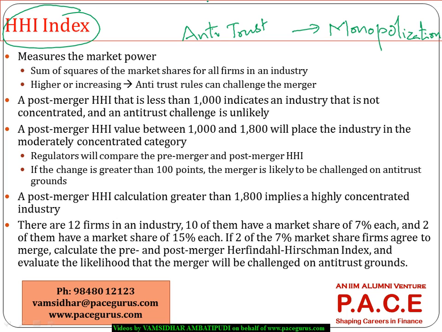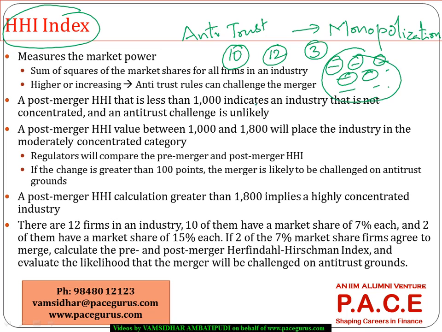And the way we measure the Herfindahl index is to take all the firms in the industry, take their market shares, square them and add them. So if one company is having a market share of 10%, another 12%, another 3%, something like this, you square all of them and add them.